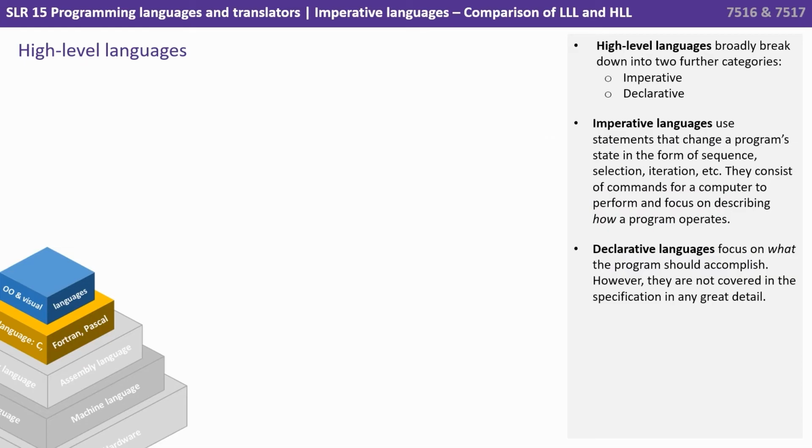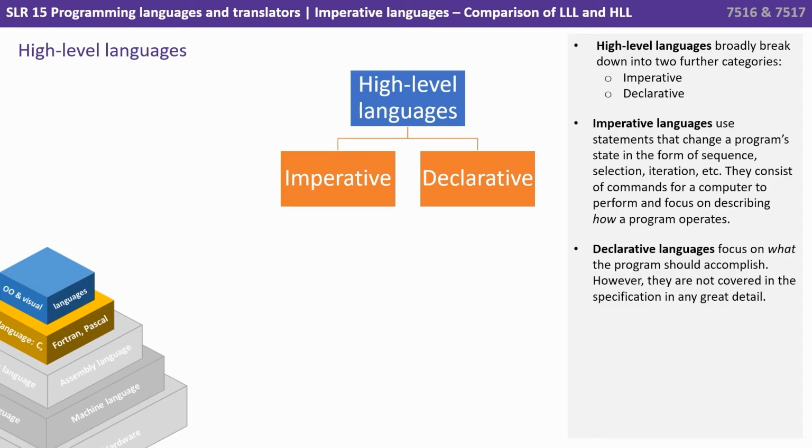So moving beyond assembly languages, we now fall into the large category of high-level languages. And these can broadly be broken down into 2 further categories: imperative high-level languages and declarative high-level languages. Imperative languages use statements that change a program's state in the form of sequence, selection, or iteration.